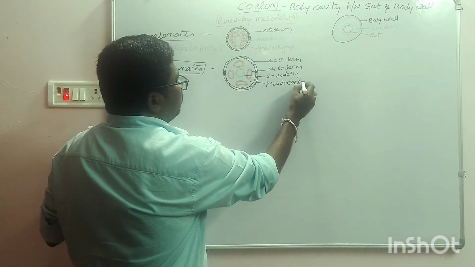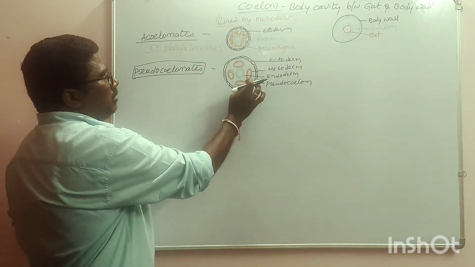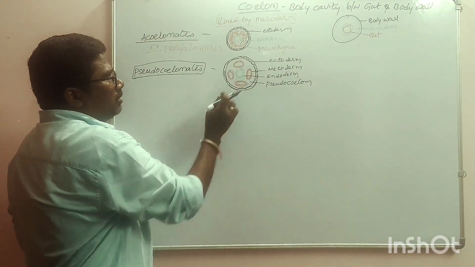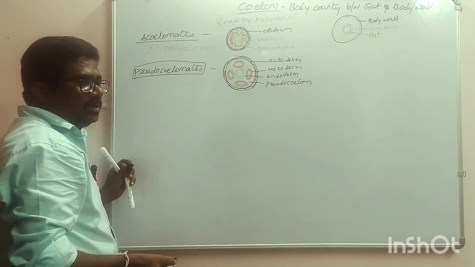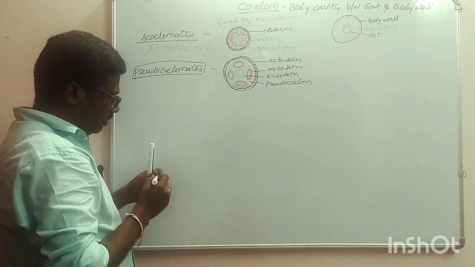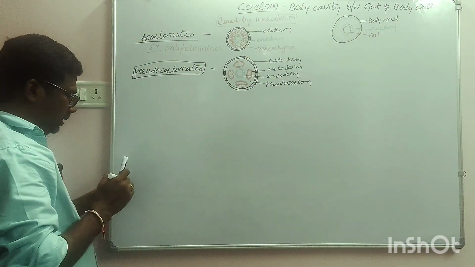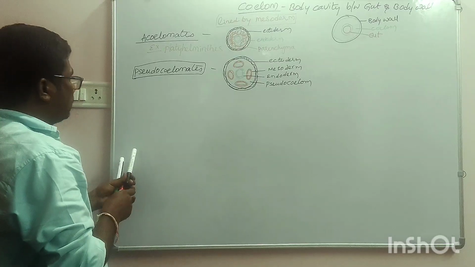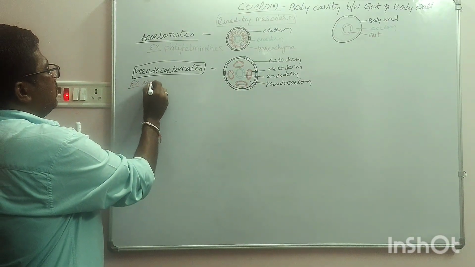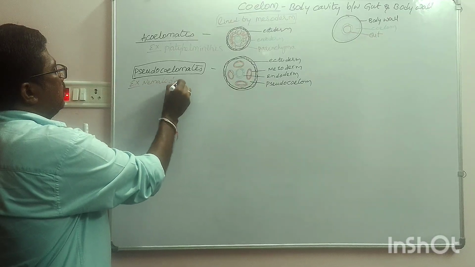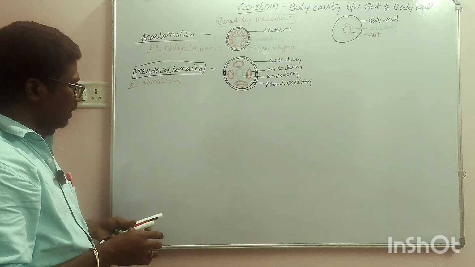It is not lined by the mesoderm. It is in between the ectoderm and endoderm. So these are the pseudocoelomates. Examples for pseudocoelomates are Nematohelminthes, Nematoda in short form, rotifers, Aschelminthes also we can say.